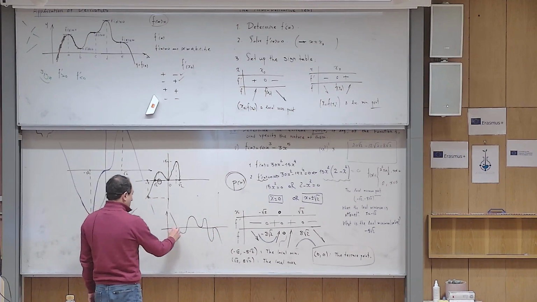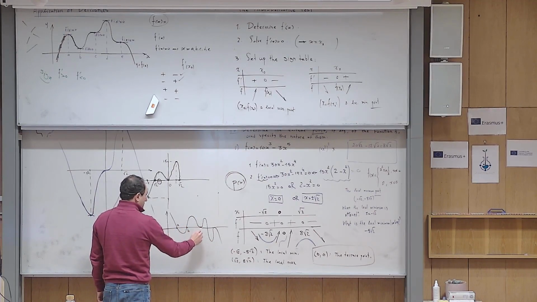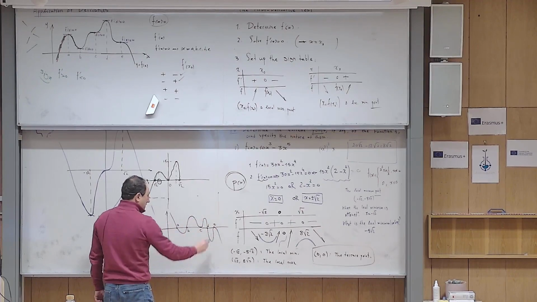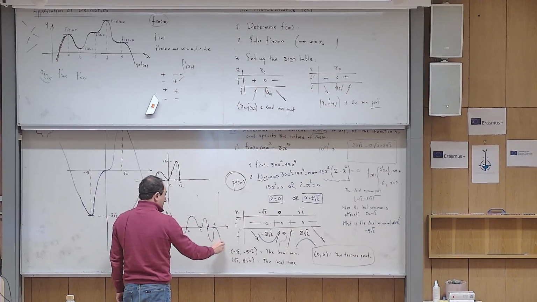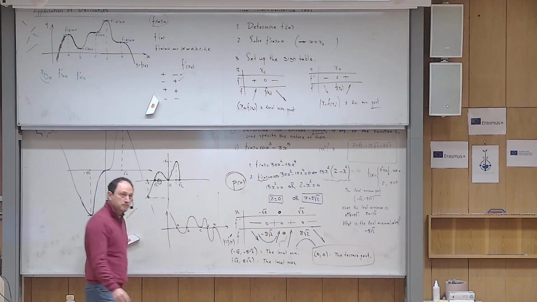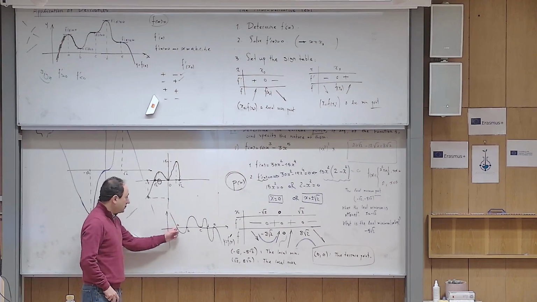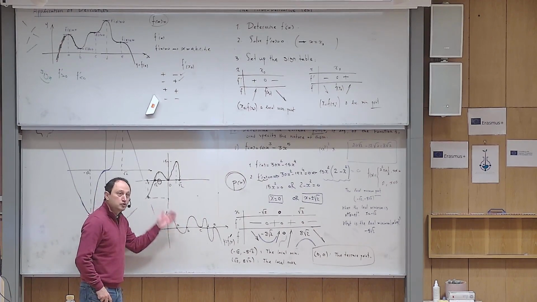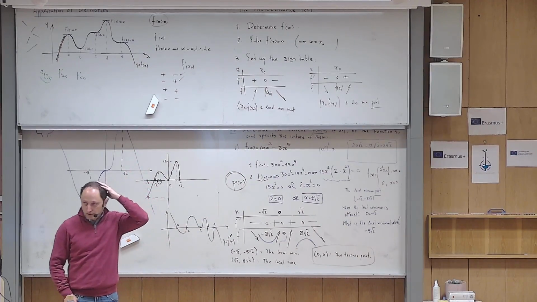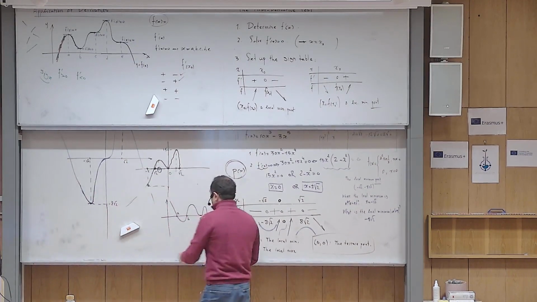Okay, so for example, let me say this is A, this is B, this touching point is C, this is D, this is E. But this is not the graph of my function, this is the graph of the derivative of my function. Okay? And now I want to understand the nature of these points for the original graph F that I don't have access to. Okay? So that is more or less your question. Okay, let us try to solve that problem.